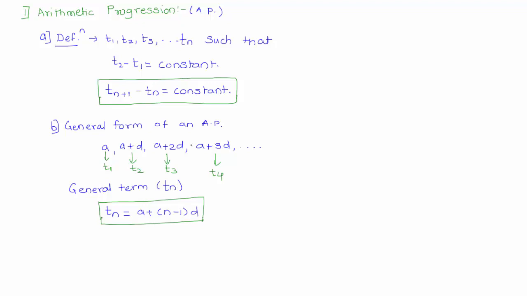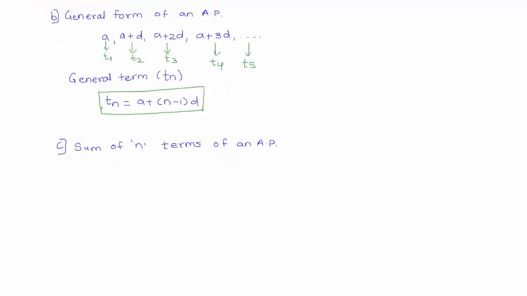T4 is a plus 3d. And T5, if you see, it is a plus 4d. That means if there is 4, I am having 3 before d. If it is T5, we may have a plus 4d. T6 is a plus 5d, T10 is a plus 9d, T20 is a plus 19d, and hence Tn is a plus n minus 1 into d.